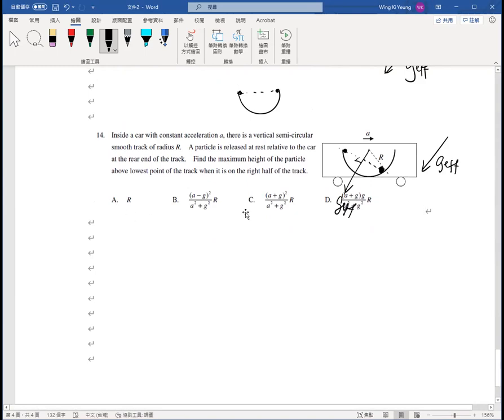Try to solve it, and then let me know your answer. By just looking at the choices, I know the answer, but let's see if you can solve it.